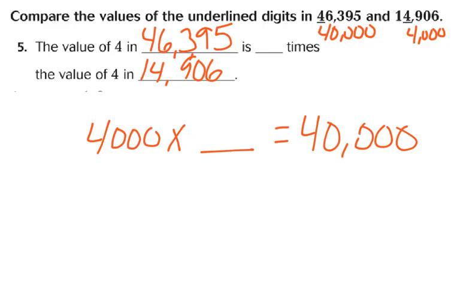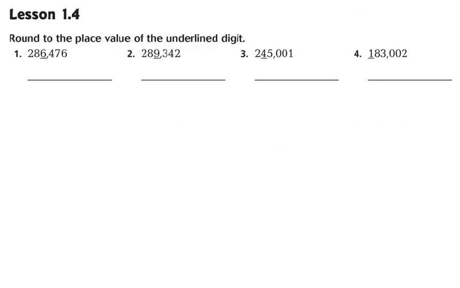Now we have to think, okay, we're adding a 0 to the end of this, which means we're multiplying times 10. So the value of the 4 here, which is 40,000, is 10 times the value of the 4 here, which is 4,000. Okay? All right.